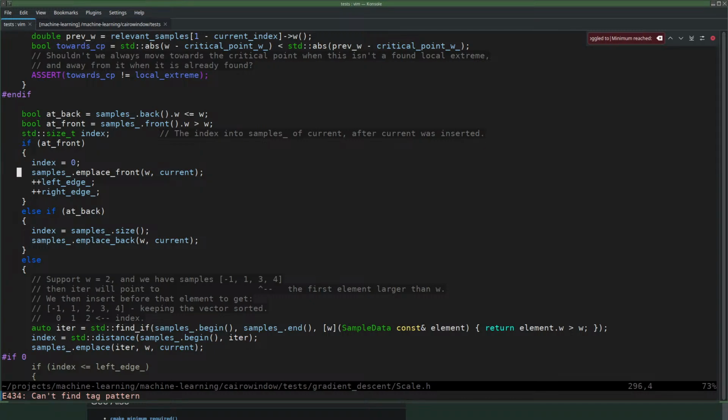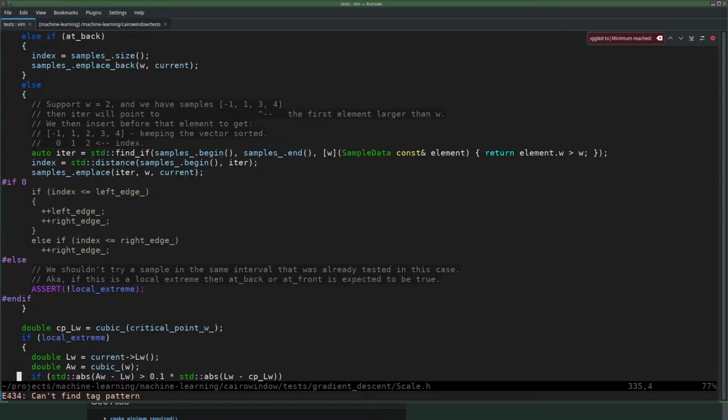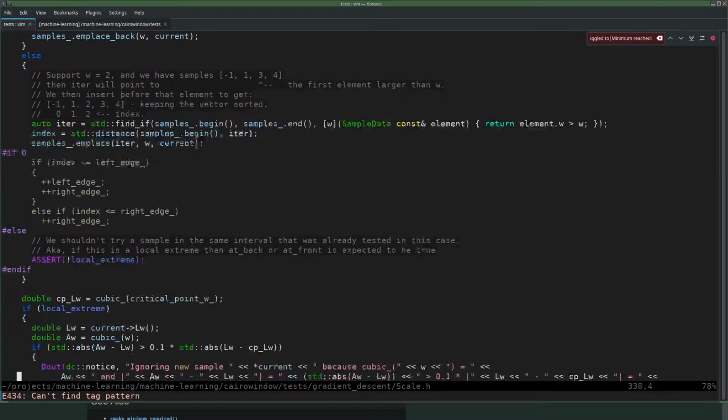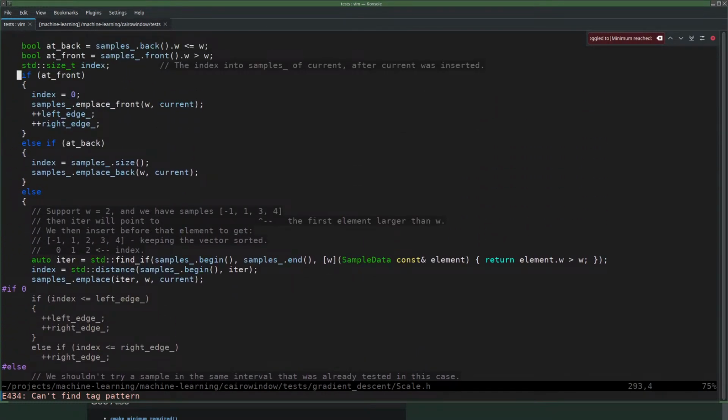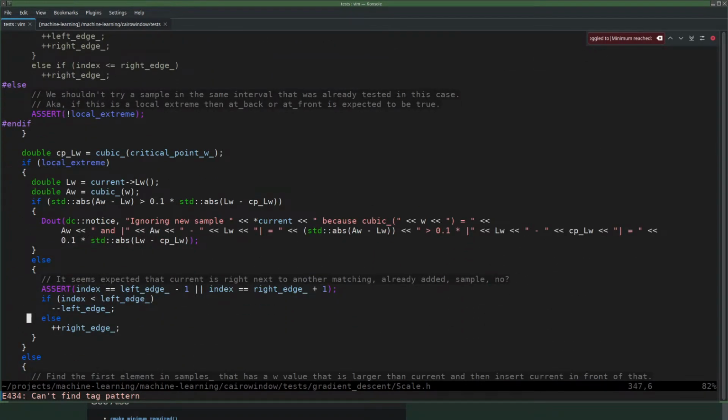Okay, so the thing is inserted. It's inserted in this case at the back. We don't get here. If local extreme, yes. Do we have a fit? I don't know. Maybe not.